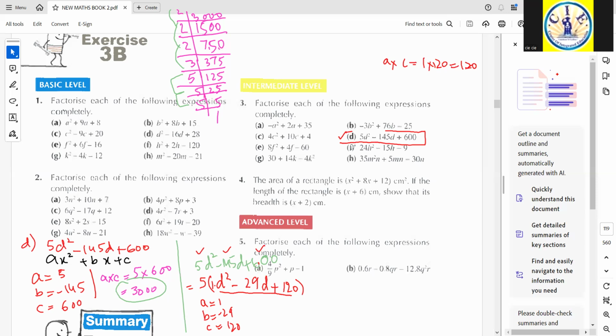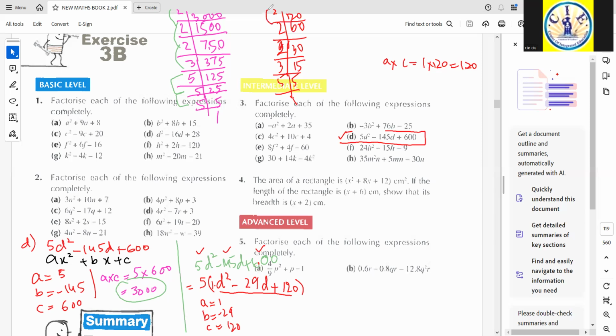Okay. Now for 120, we need the middle term to be 29. So again, we need to do the same procedure. I need to have 29.